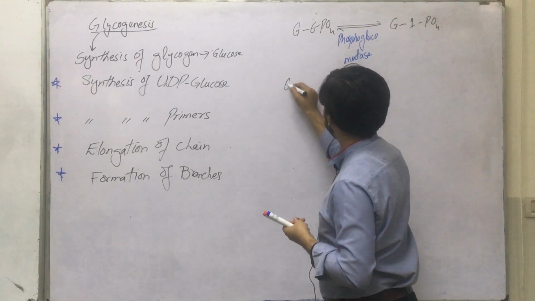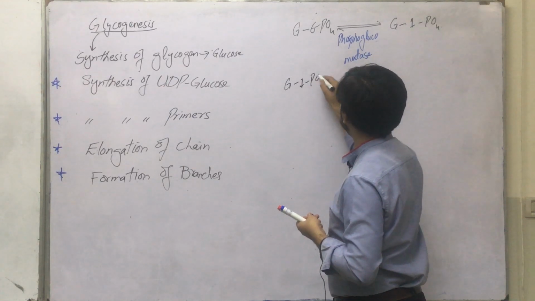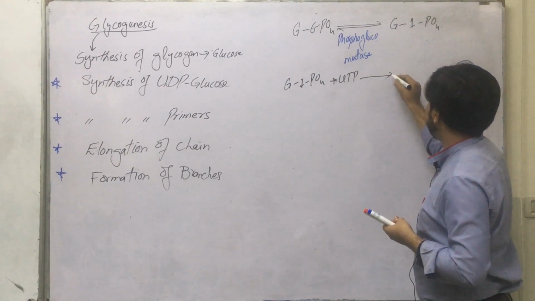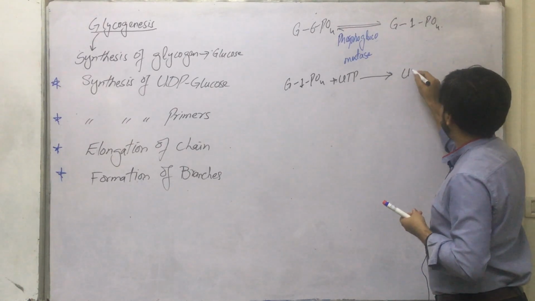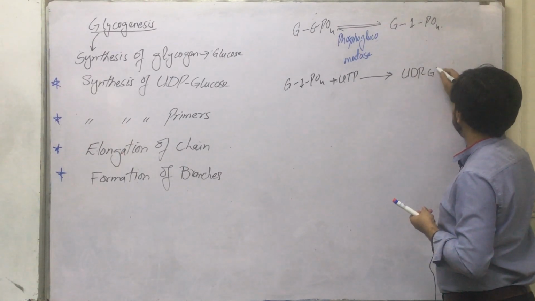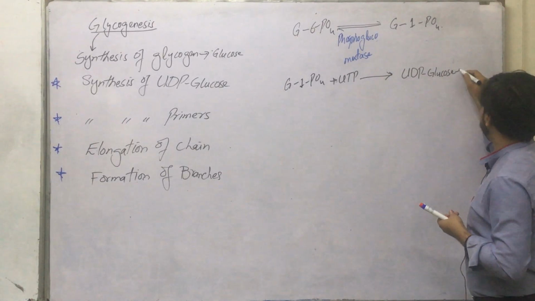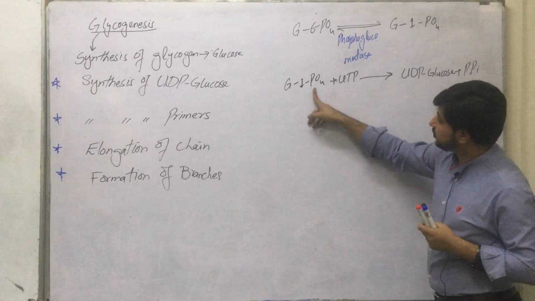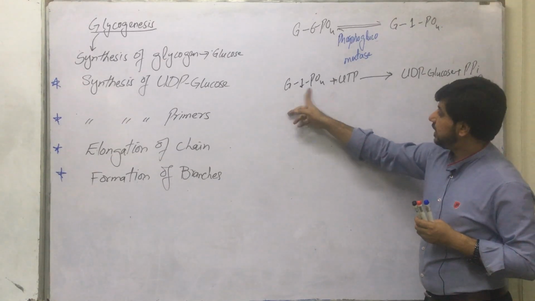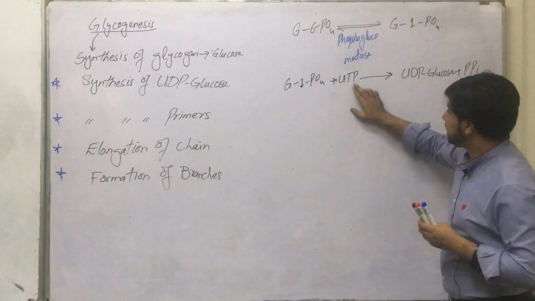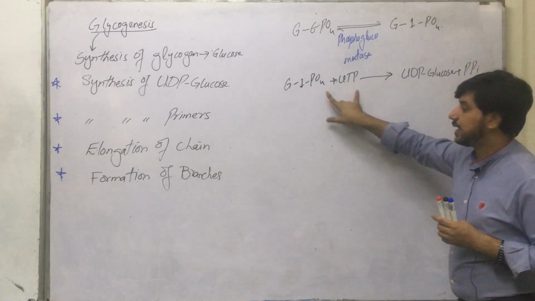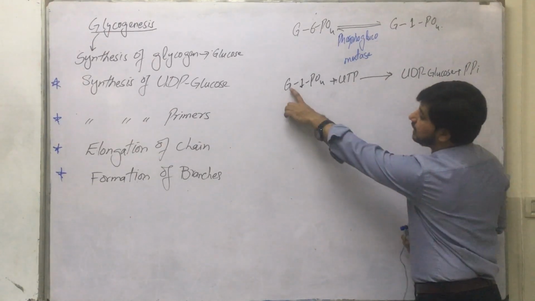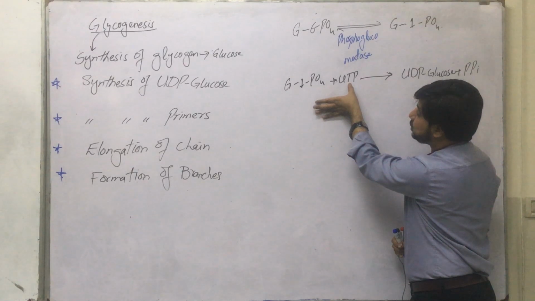As you can see, glucose 1-phosphate plus UTP gives UDP glucose plus pyrophosphate. Here the phosphate from the glucose 1-phosphate molecule and the phosphate from the UTP combine and form the pyrophosphate, and the rest we have only the glucose as well as the UDP.